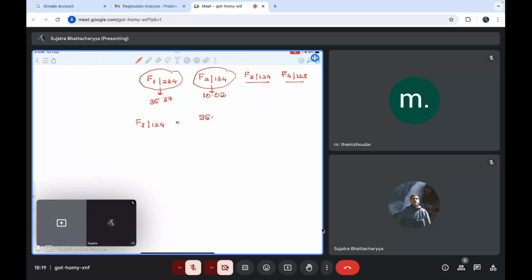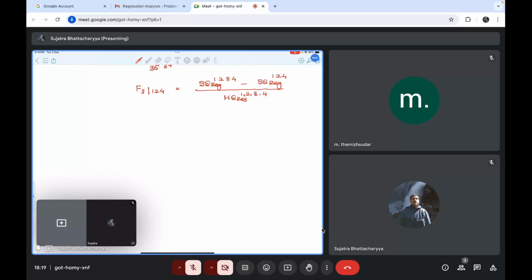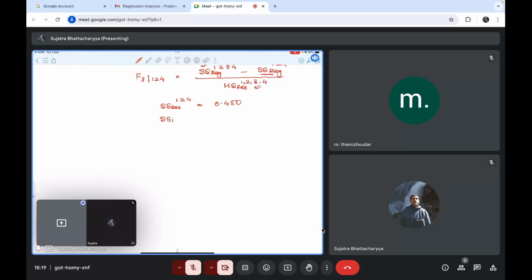The definition is SS regression of 1, 2, 3, 4 minus SS regression of 1, 2, 4, divided by MS residual of 1, 2, 3, 4. The only thing required is SS residual of 1, 2, 4, which I know from the question is 0.450.